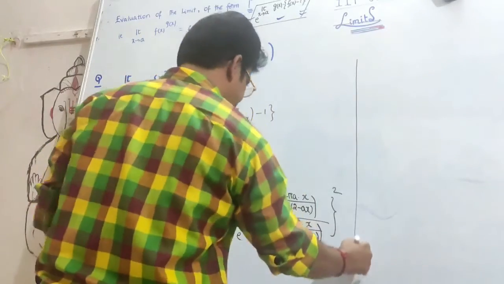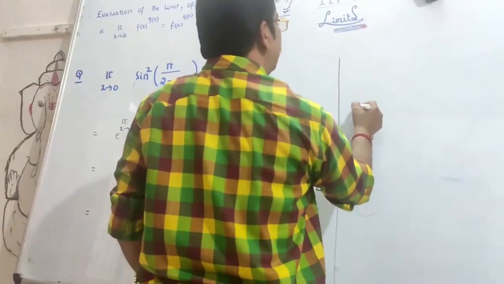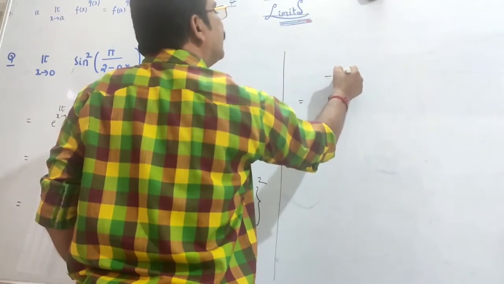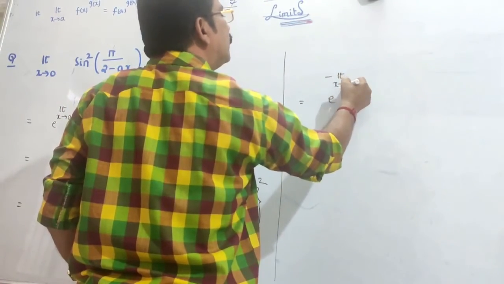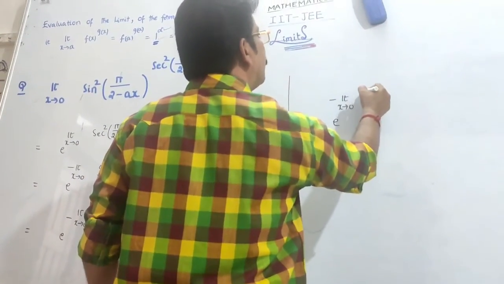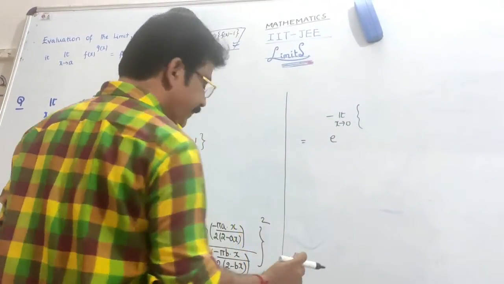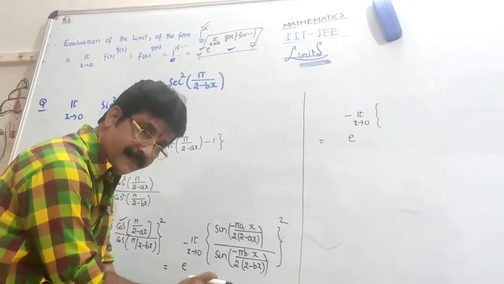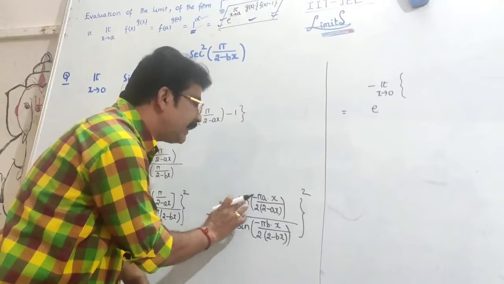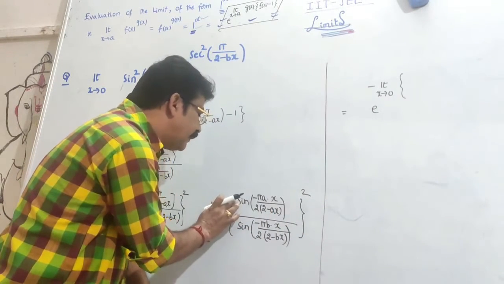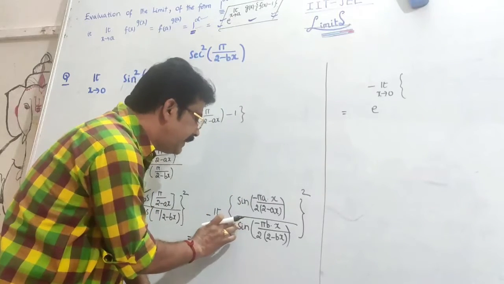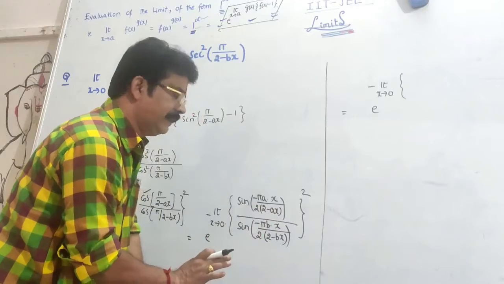Next, you come here. Next, that is equal to e power minus limit x tends to 0, whole square same. Actually, after this we have to write e power minus bracket begin, limit numerator, limit x tends to 0 numerator, limit x tends to 0 denominator.